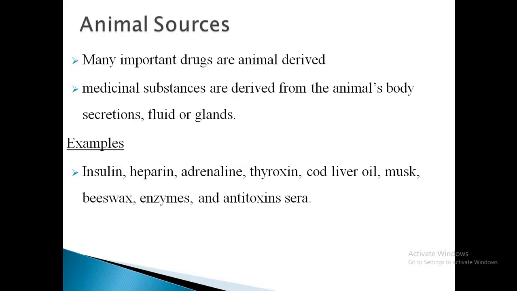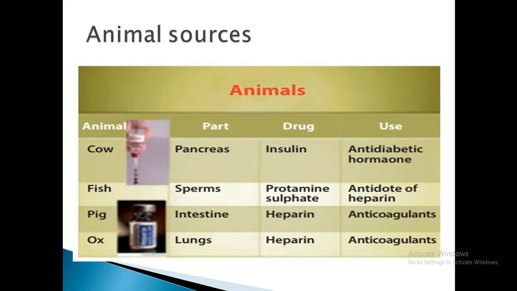For example, insulin, heparin, adrenaline, thyroxine, cod liver oil, musk, bee wax, enzymes and antitoxin sera. They have been prepared from the various animals.